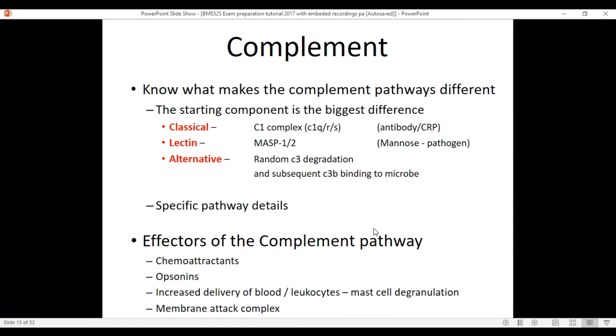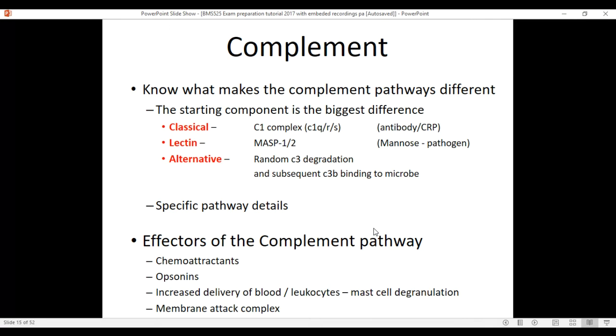So there are some complement components that are released that will cause mast cell degranulation, and namely they will be C3a and C5a that, when released as a result of complement, will cause mast cell degranulation. And folks, you have to appreciate that mast cell degranulation initiates a massive inflammatory response.